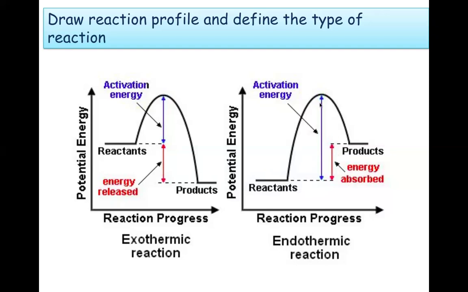Our activation energy is huge here, so the hill is huge. And the energy absorbed is this difference here between the product and the reactant. That's the energy taken in. This is the endothermic reaction. Remembering this tends to make the surroundings cooler, which is the opposite of the exothermic.